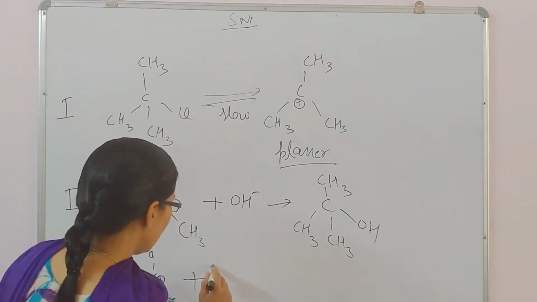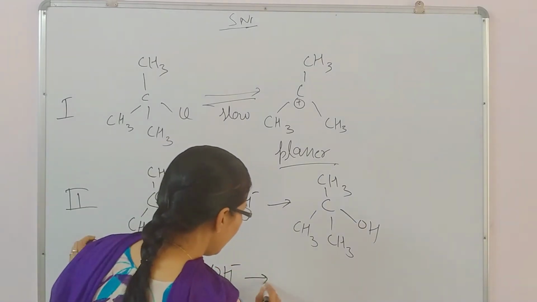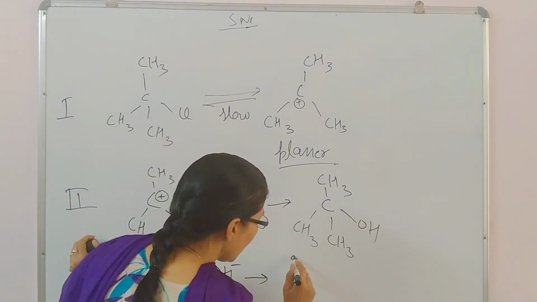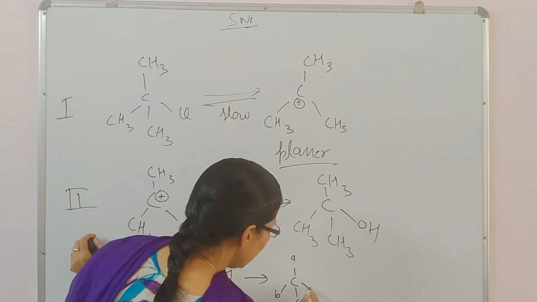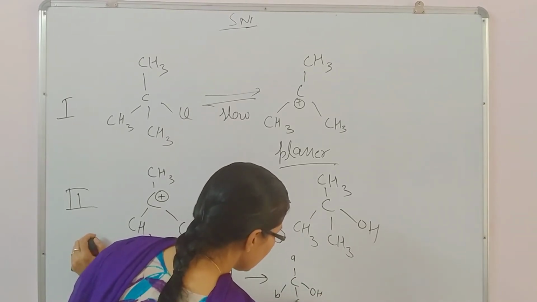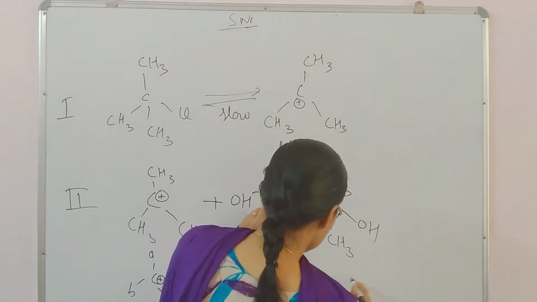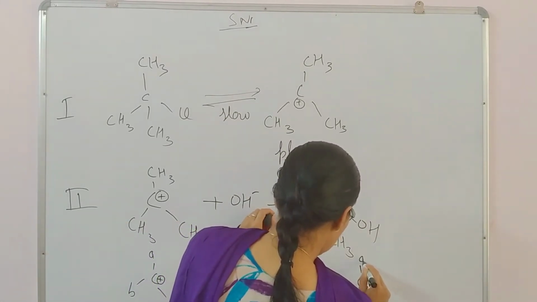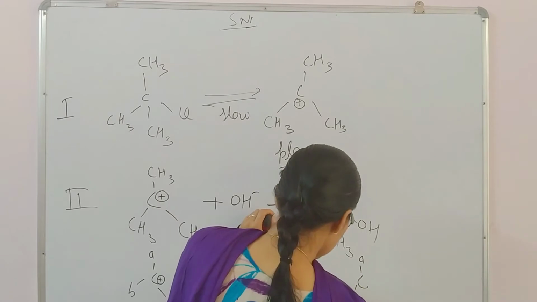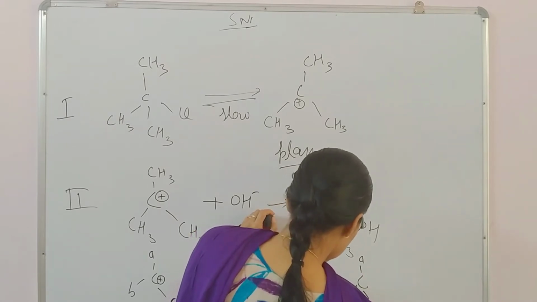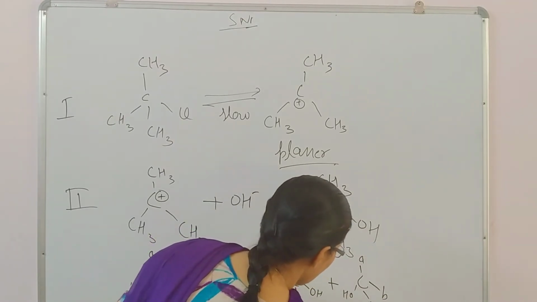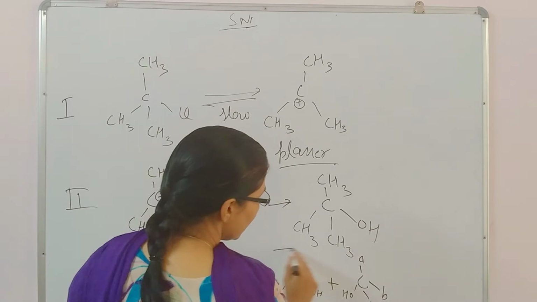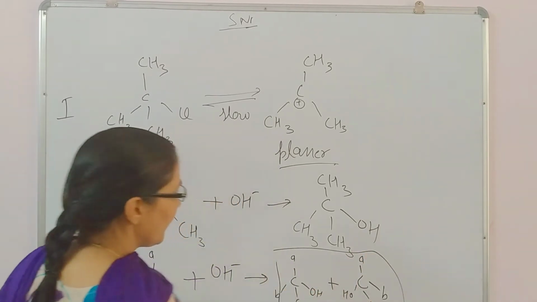OH minus attacks and there will be formation of A, B, C, OH plus A, OH, C and B. It means this one is the D product and this one is the L product. So we can say a racemic mixture will form.